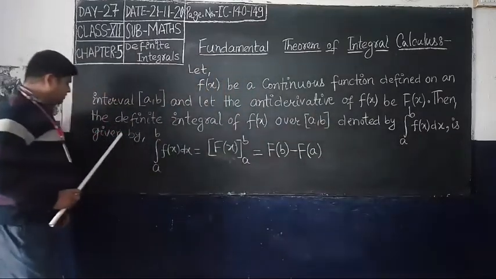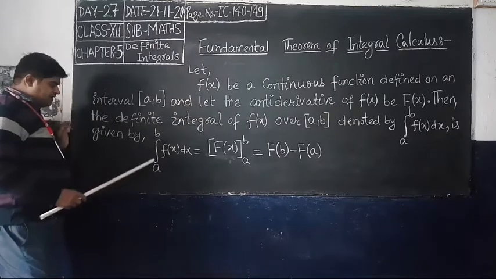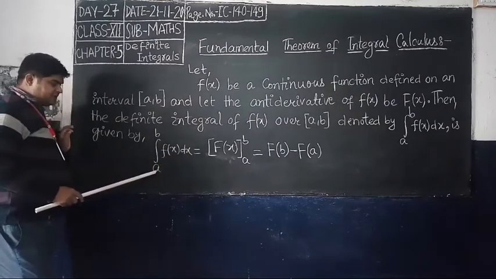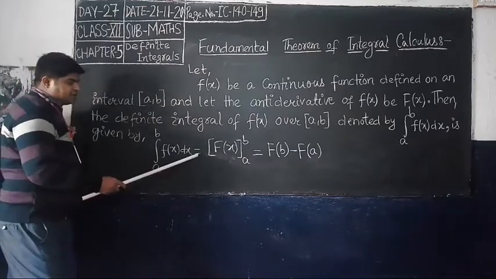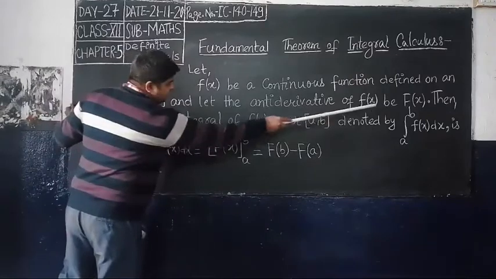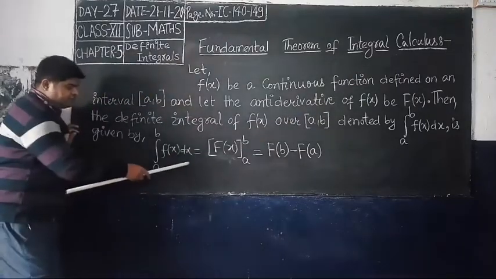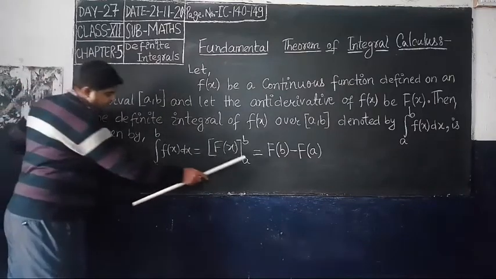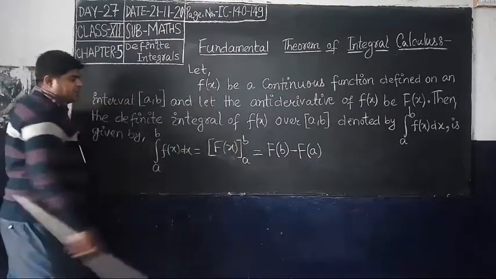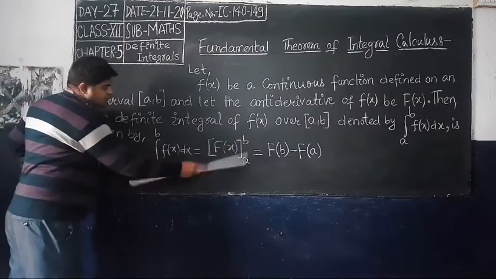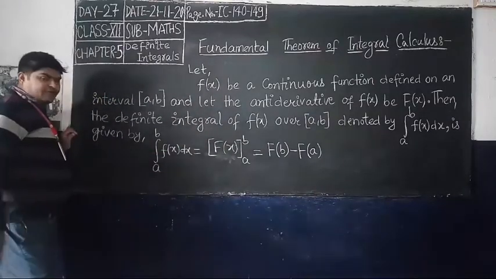It is given by the integration of f of x dx with limits from a to b, which is capital F of x, since you have already supposed that the integration of f of x dx is capital F of x. You put a in the lower part and b in the upper part. This is the limit of f of x.